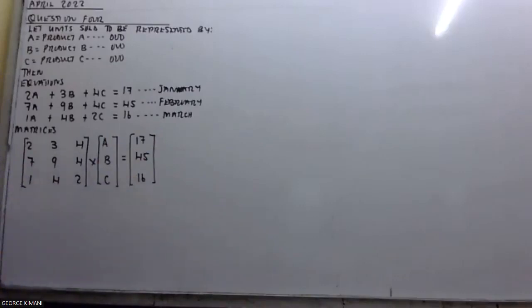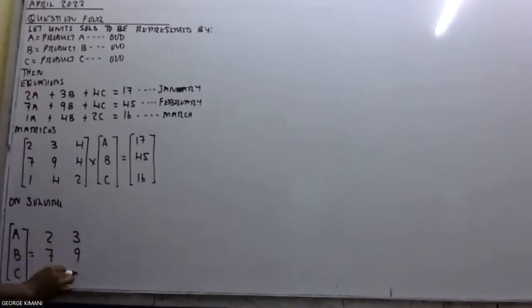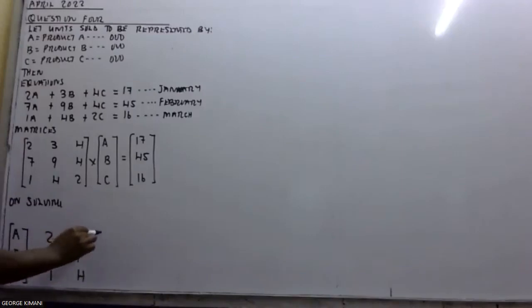Then on solving, we will be left with A, B, C on this side equal to the inverse of 2, 7, 1, 3, 9, 4, 4, 4, 2.